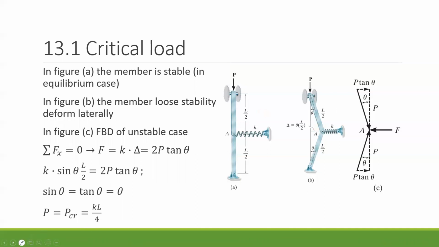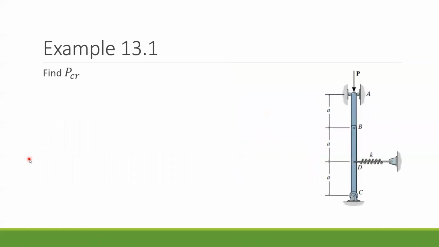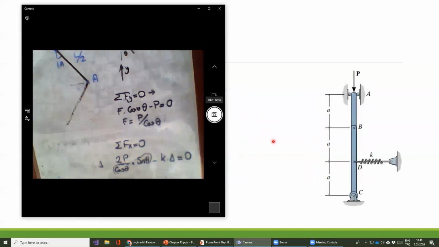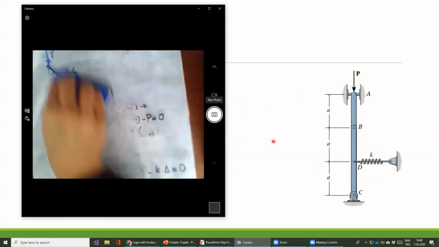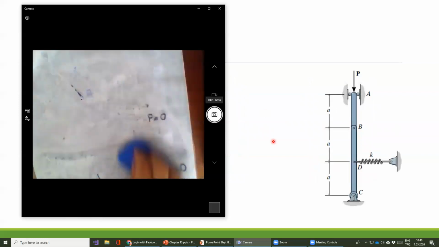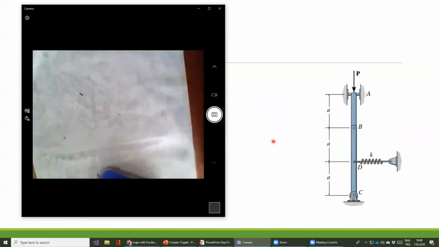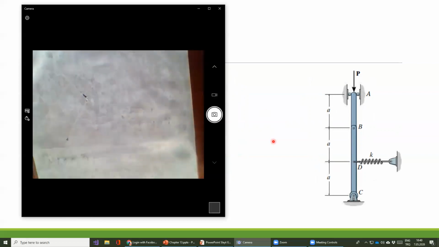Also, I want to make one more practice using example 13.1. You can see our strategy is the same. Okay, find the critical load of this shape. Again, I want to draw the free body diagram.